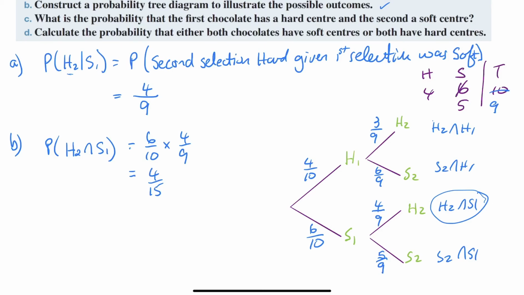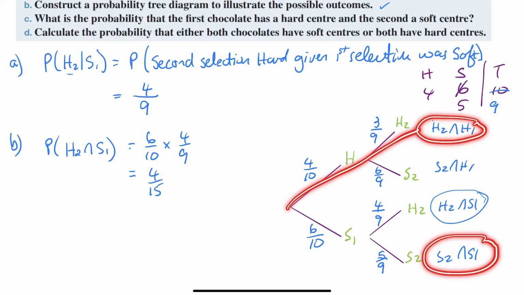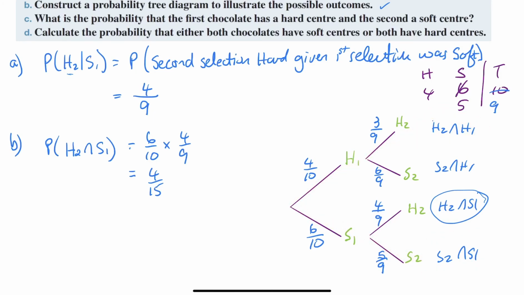On the next one, calculate the probability that either both chocolates have soft centers or both have hard centers. So it's this one or this one, both hard or both soft. Let's write that in words. That's actually part D. What's the probability of having both hard, which means hard 2 and hard 1, or soft 2 and soft 1?